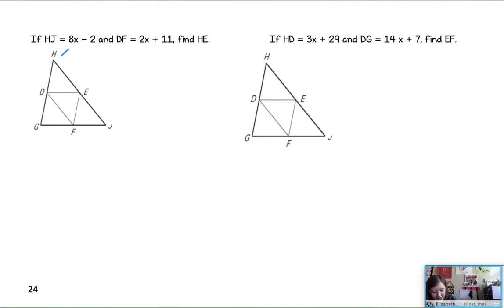If from H to J is 8x minus 2, and from D to F is 2x plus 11, what's the length of HE?